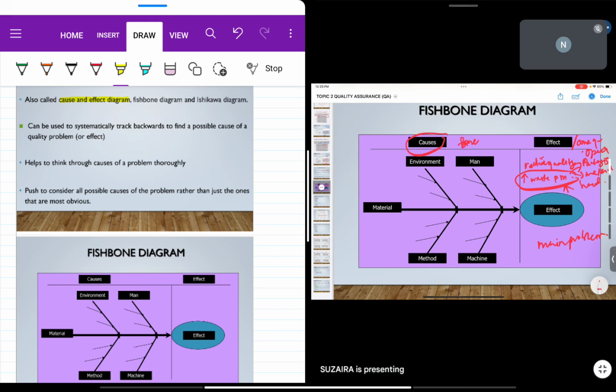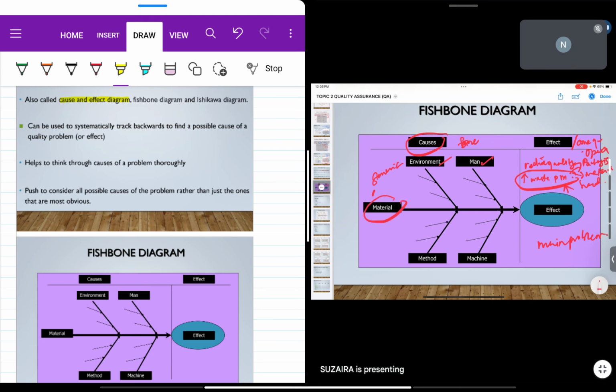So you have common causes that can contribute to this problem, like environment. If you talk about packaging, of course it won't relate to the environment, but this one is actually the generic one, which we can use for any problems that we face in the food industries.